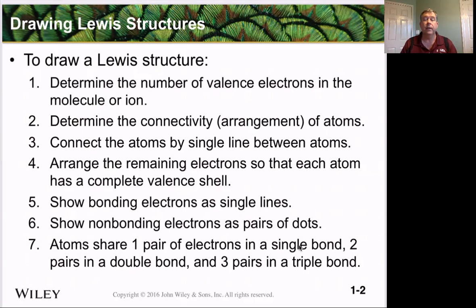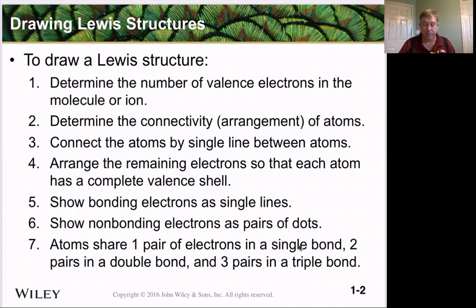If an atom shares 1 pair of electrons, that means it has a single bond. If the atoms share 2 pairs of electrons, that means it has a double bond. And they can even share 3 pairs and have a triple bond. So by looking at the number of lines we have, we can start counting electrons and filling in all of the gaps.